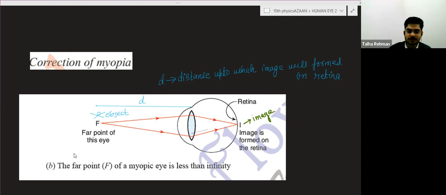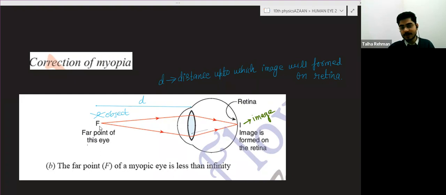This is because this far point is not at infinity. This far point is much less than infinity. This is not the far point of the normal eye. This is the far point of the myopic eye. So that is why this will be considered as a near point. This is the far point of this myopic eye, but for the normal eye, this will not be considered as a far point.